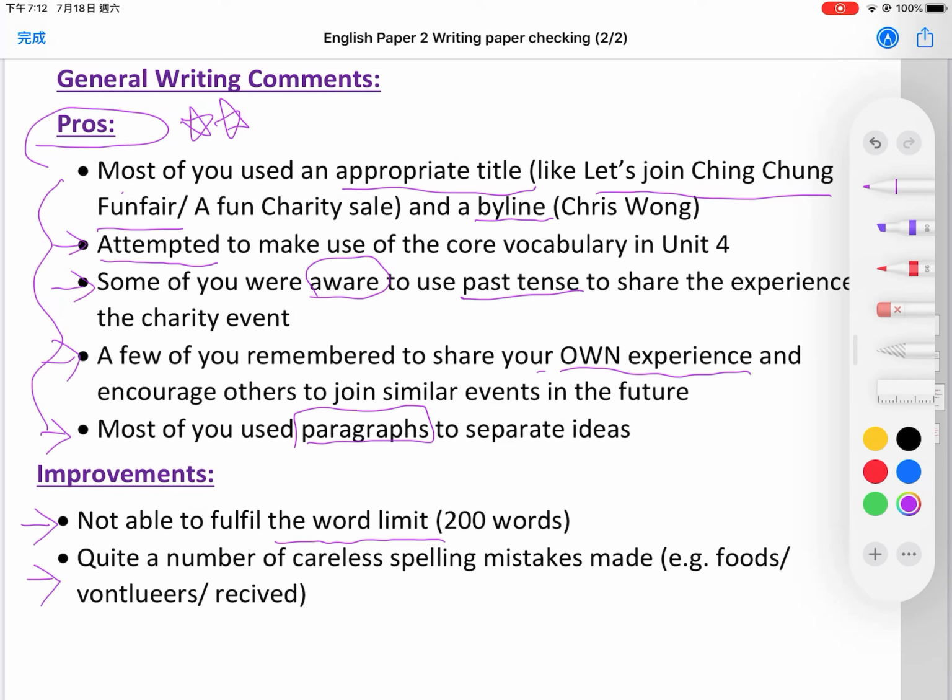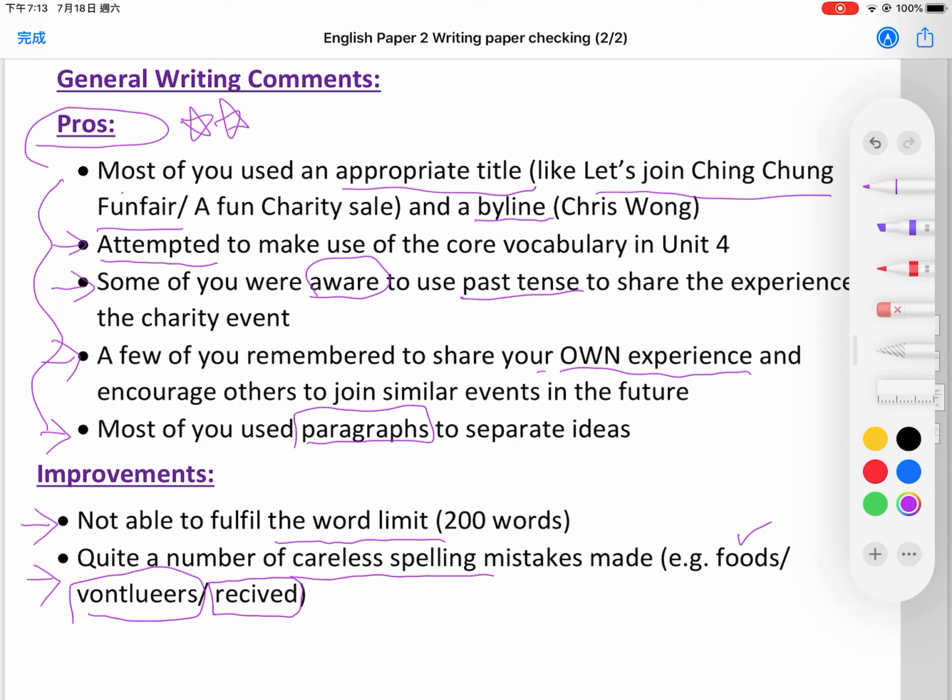Okay, and like I said, good attempt, but most of the time you may have made careless spelling mistakes, just like foods. I guess this is volunteers, and I know this is received.